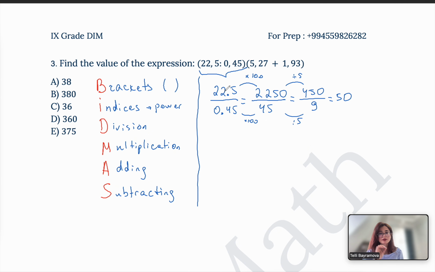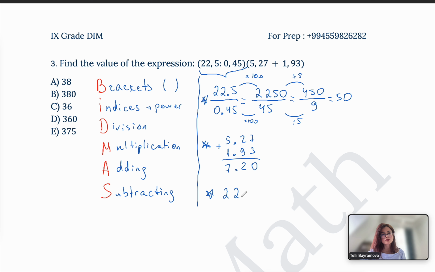After that, the second bracket. This is the first bracket, then the second bracket is what? 5.27 plus 1.93, which is 7.20, right? So what is the last step? We have to multiply.